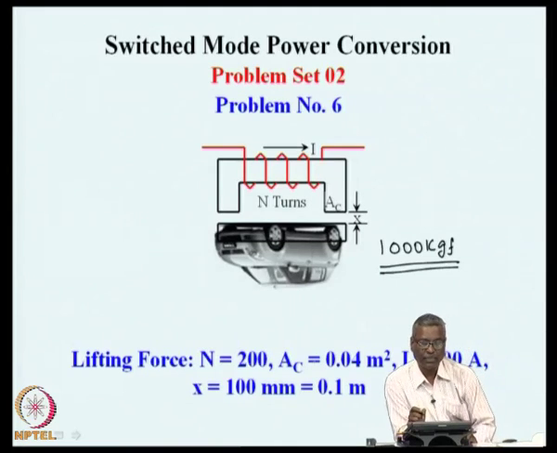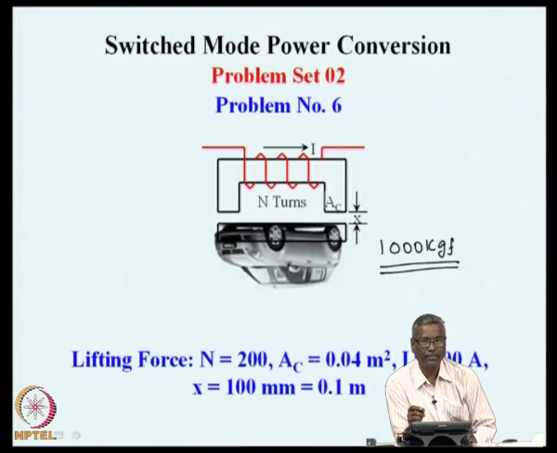So, this problem has related, in a magnetic circuit, how do we find out the stored energy as a function of the mechanical dimensions, and when stored energy is varied as a function of mechanical dimensions, how it can be used to find out what are the forces that are generated, electromechanical forces.